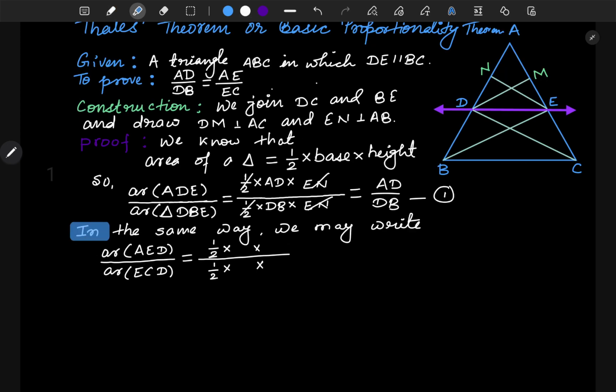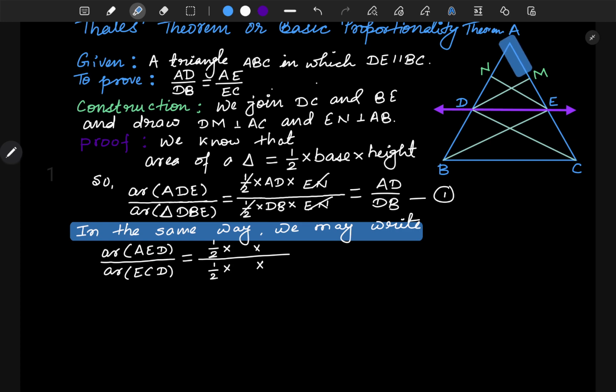In the same way we may write the area of triangle AED. You see here, AED is this triangle, and ECD. Here we need a little bit of correction. So these are the triangles EC and D, one triangle is above and one triangle is at the bottom.